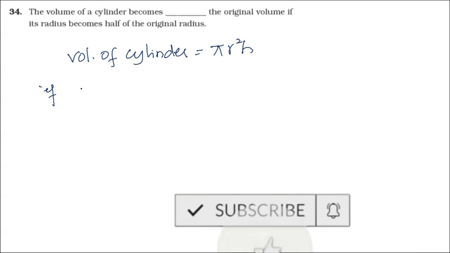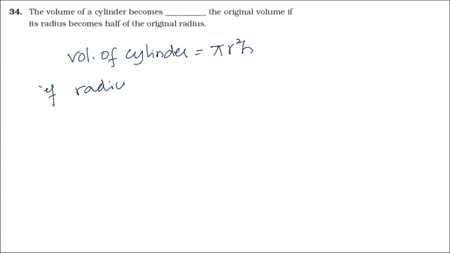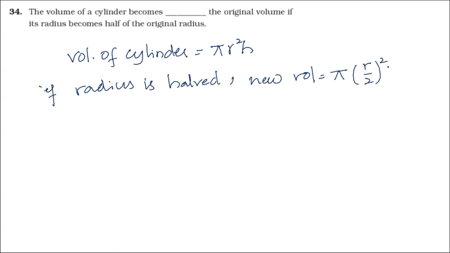If radius is halved, if it is half of the original radius, the new volume will become pi times, instead of r, it's r by 2 whole square multiplied to h. If you observe, this is 1 by 4 times of pi r square h. So it means that the new volume will be 1/4 the volume of the original cylinder.